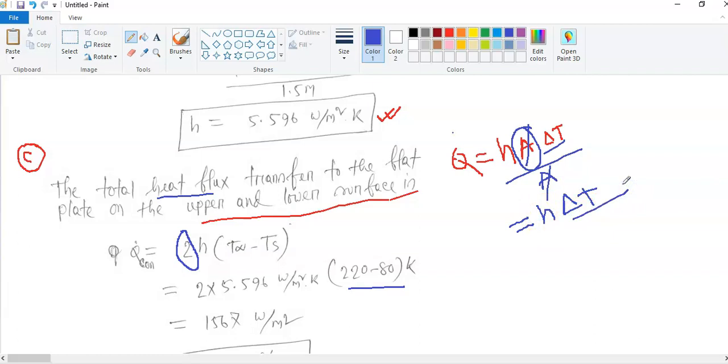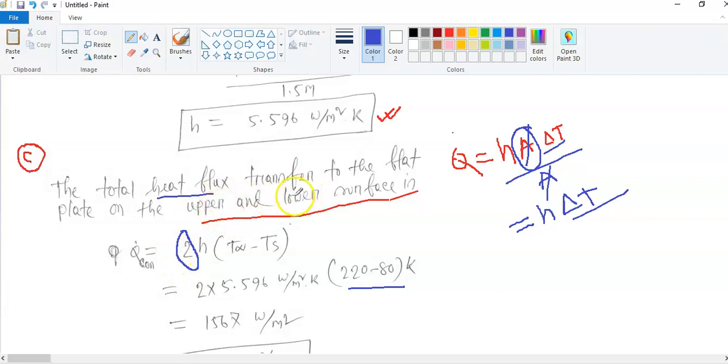Now you can ask me, okay, we understand why it is h delta T, why A is not here, but why are you using this 2? You can see we are calculating for the upper surface and for the lower surface, so both surfaces. We multiply it by 2 because we are calculating for the upper and the lower surface.